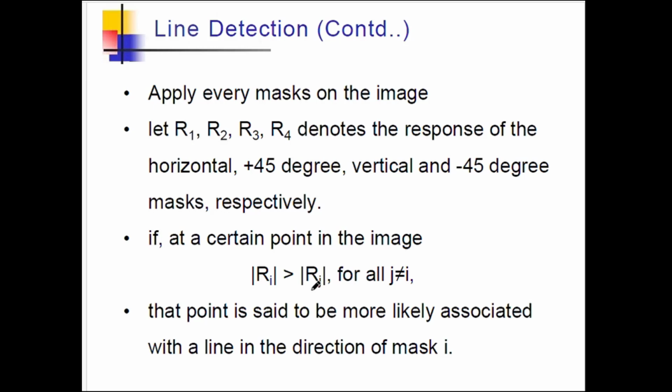The pixels in that horizontal direction are more likely associated with the line in the direction of the mask i. Suppose R2 is greater than R3, it means the line is in the direction of plus 45 degree. If R3 is greater than R4, the line is in the vertical direction rather than minus 45 degree. In that way you can identify all the lines.